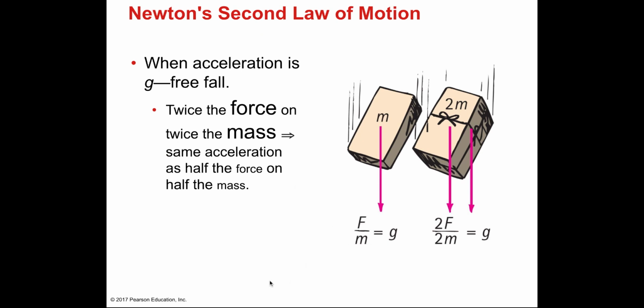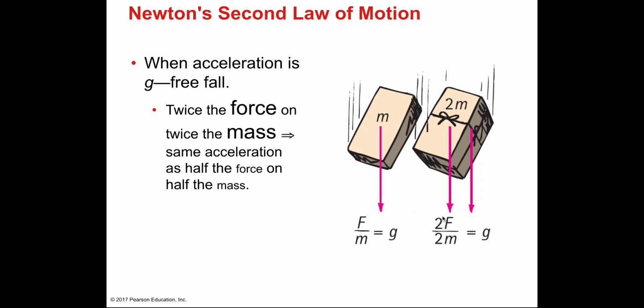So this is another scenario. Again, remember that the value for g on Earth, which is the acceleration due to gravity, is 10 meters per second squared. That is the free fall acceleration. And twice the force will produce twice the acceleration. But if you have twice the force and twice the mass, it is going to produce no effect, because those two will cancel out.